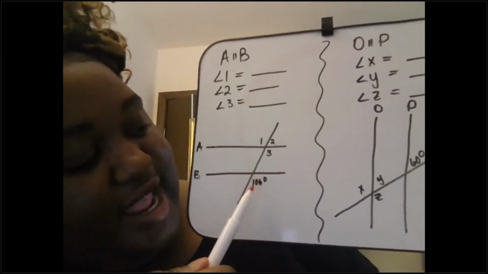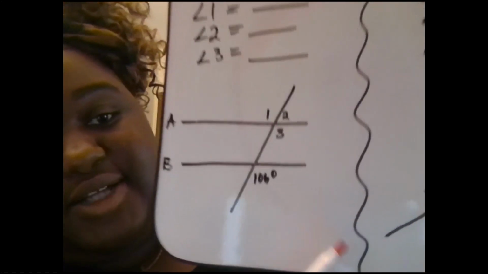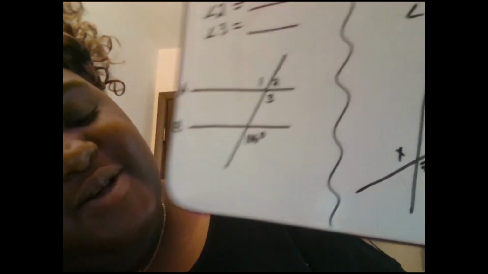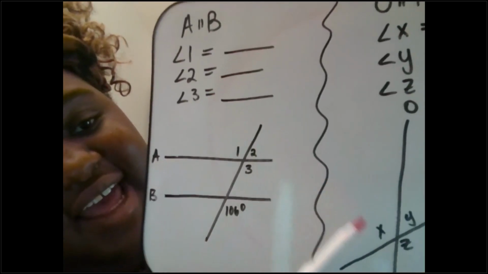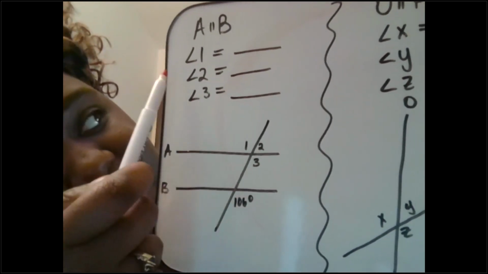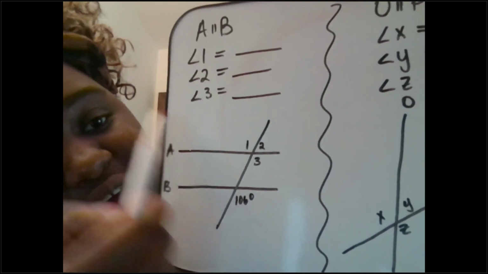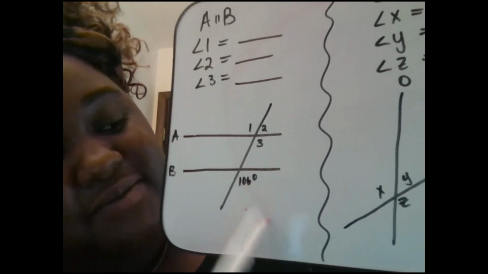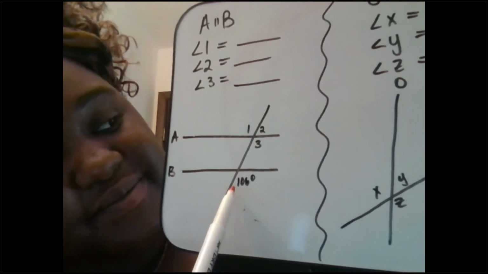And they gave us one angle that's 106 degrees. I know I wrote small, so hopefully you can see that. So line A is parallel to line B, and they want us to know what angle 1, angle 2, and angle 3 are. We can figure out what those are with that one angle that they gave us, which is 106 degrees.